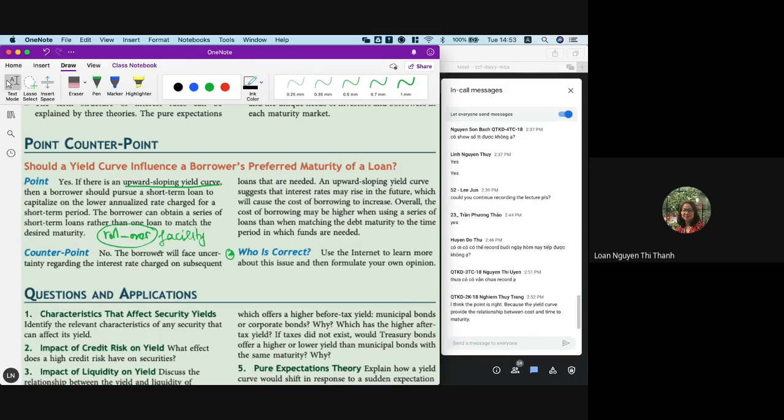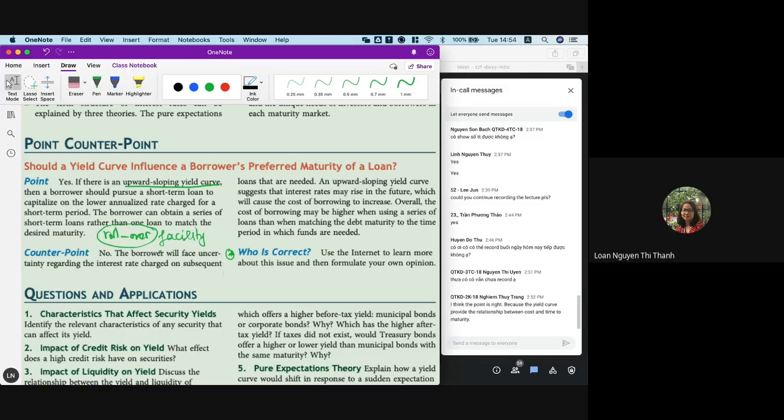Here they mention the upward sloping yield curve. So the point is right.